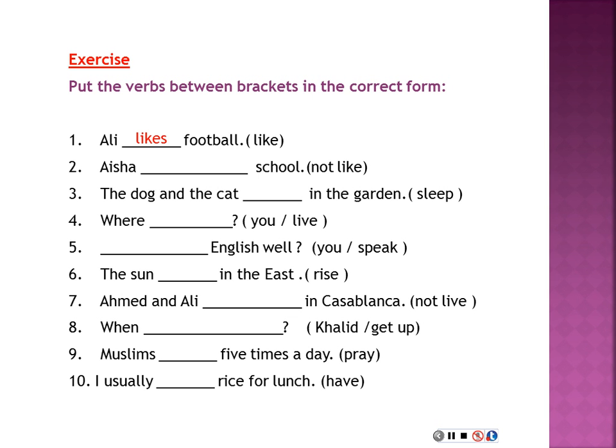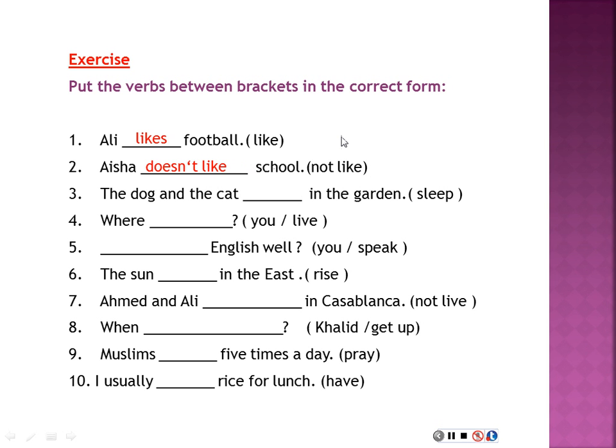So here in the case of Aisha, we have a singular third person, so we use does not. So Aisha does not like school. So we added does, we added not, and then we added like, the verb that we have here in brackets.